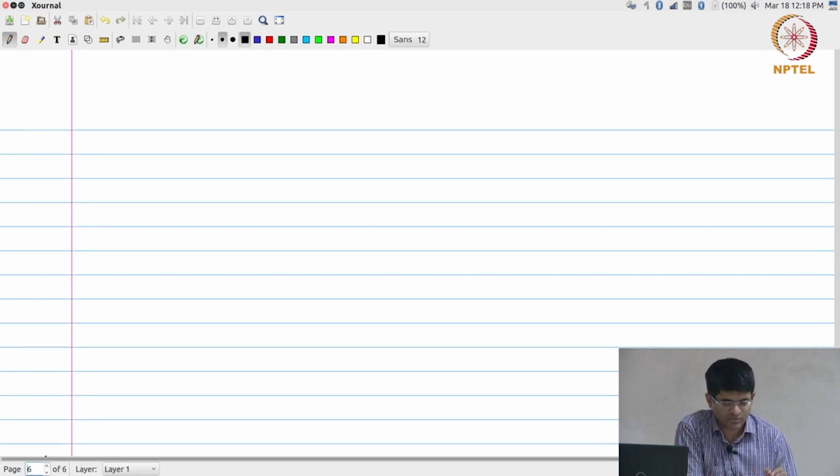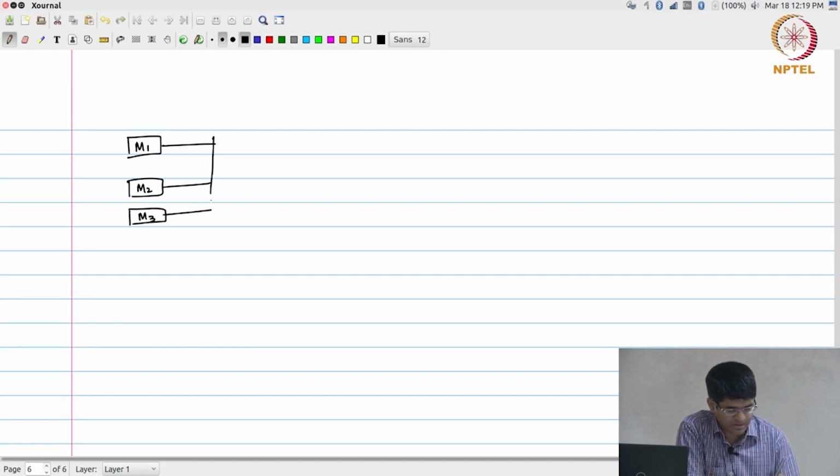So, in this situation what I would now say is, if I had a situation where multiple modules needed to talk to each other, I could now look at M1, M2 and M3, right, and they all go into one black box which is sitting on the side.